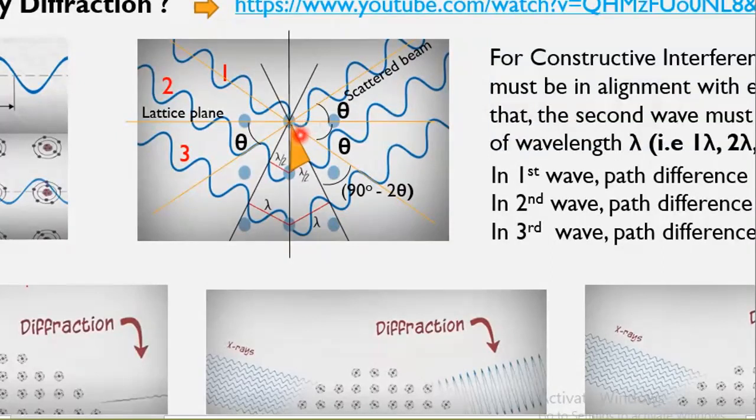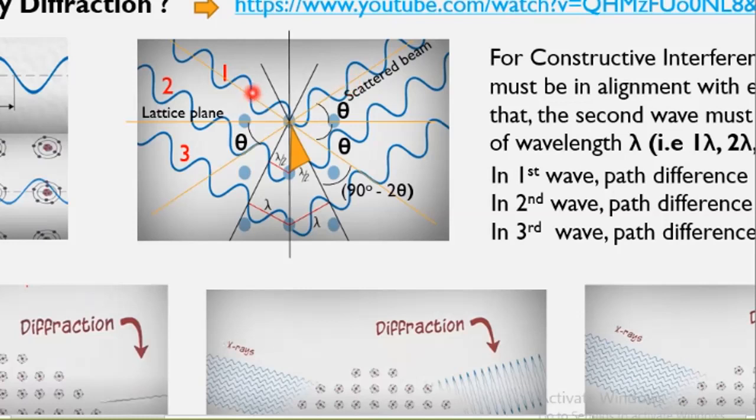What happens with the atom here is it absorbs the X-rays incident on it. For a little time it goes to a higher state and then returns to its ground state and emits the same wave with the same amplitude and same frequency. The process is called elastic scattering.